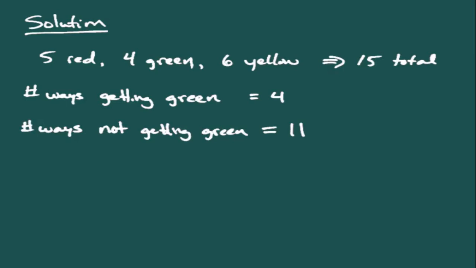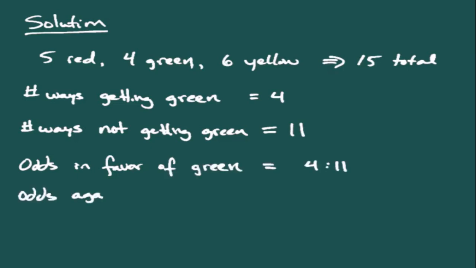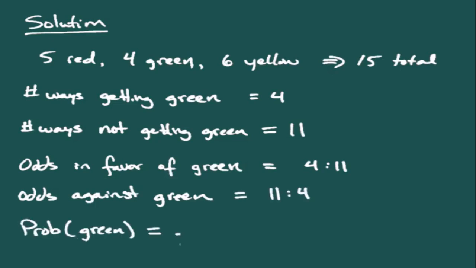And so our odds in favor of getting a green ball would be 4 to 11. Flipping that around, the odds against getting a green ball would then just be 11 to 4. So our probability, we've got a total of 4 ways to get green out of 15 different balls in the urn. So the probability of getting a green ball is just going to be 4 over 15.